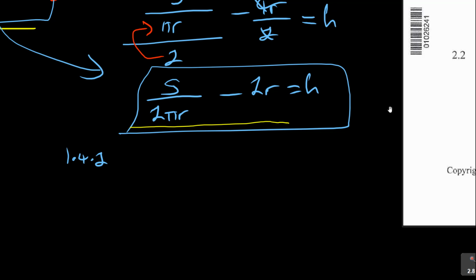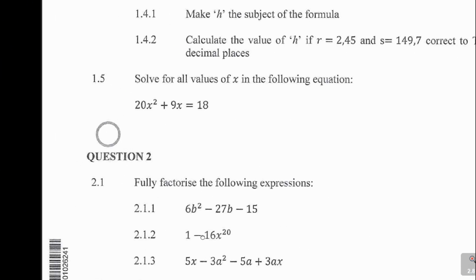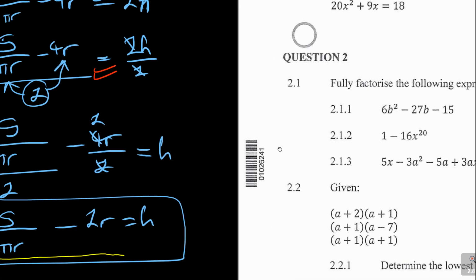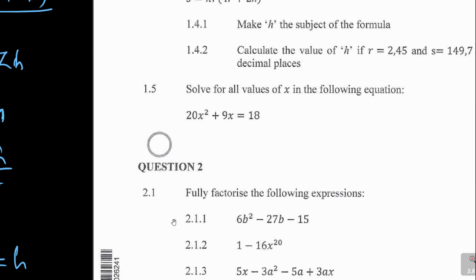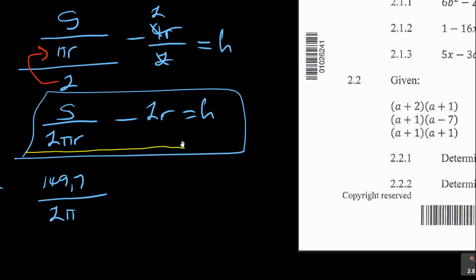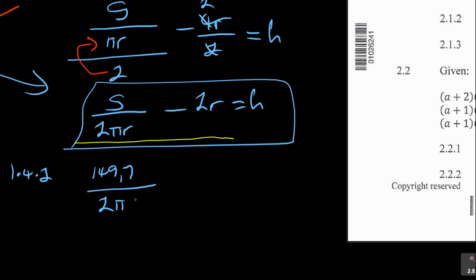So s is equal to 149,7. So I can come here and say 149,7 over 2 pi, and the r, they said r is what? 2,45. So you put a bracket and say 2,45, then minus 2 bracket 2,45.